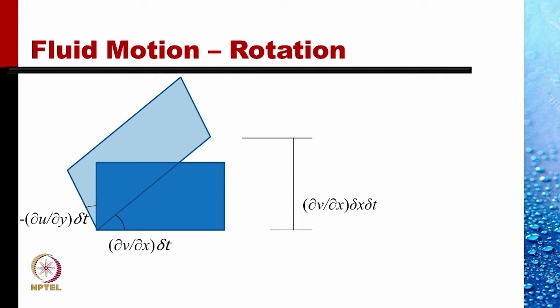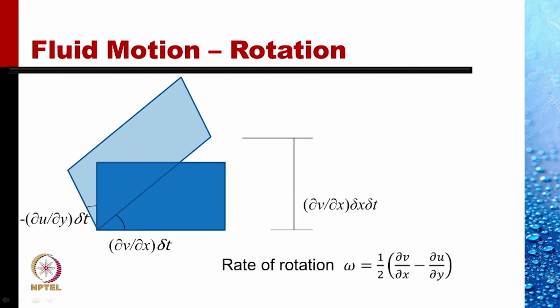Similarly, the vertical line rotates counterclockwise by an amount minus delta u by delta y into delta t in time delta t. The average rotation of the element is obtained by taking the average of these two rotations, and the rate of rotation of the element omega z is 1/2 delta v by delta x minus delta u by delta y.